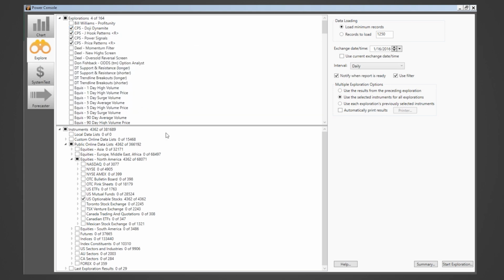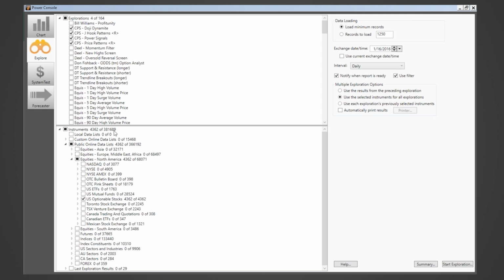And then down here, there's a big list of instruments. We get all our data from Reuters, and they actually cover 381,689 stocks. Reuters is pretty proud of their data, and they should be. They have about 95% of the global market cap.